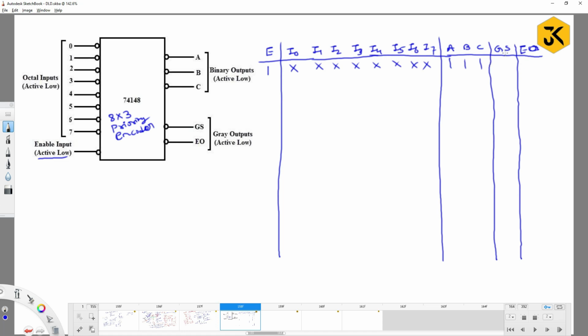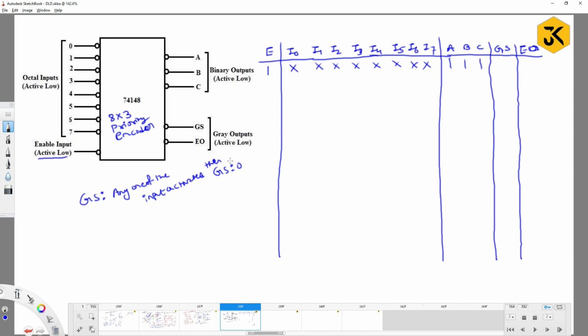And what about the group selection? GS simply defines if any one of the inputs is activated, then GS will be 0. What is the purpose of this GS?